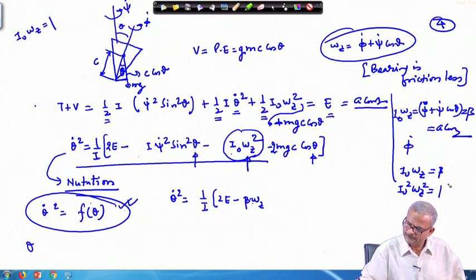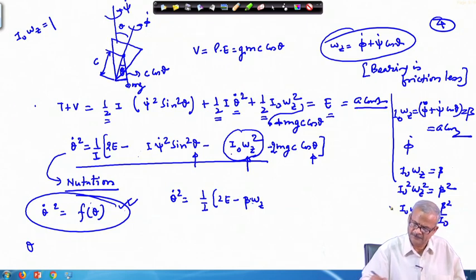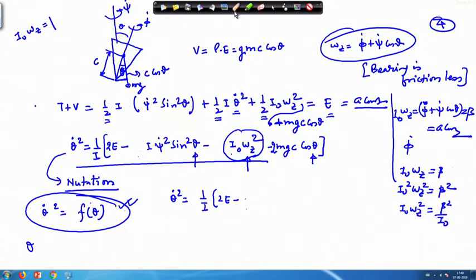So, this quantity will be beta square, and therefore I 0 times omega z square can be written as beta square divided by I 0. So, we can write using this notation also. I am following a particular notation, you can use the other notation also, there is no problem. Beta square divided by I 0.